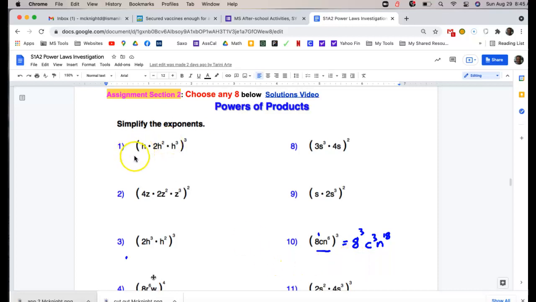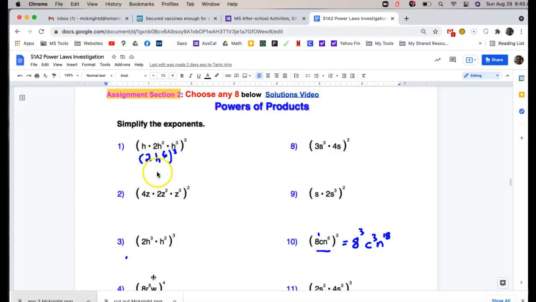This one here, number 1, you might want to simplify that first. You wouldn't have to. You could multiply each piece, but I want to simplify it first. It's always better to do that, I think. So it's just going to be 2, and we have h squared, and h cubed. So we add the exponents, right? 2 plus 3 plus 1. That's h to the 6, right?